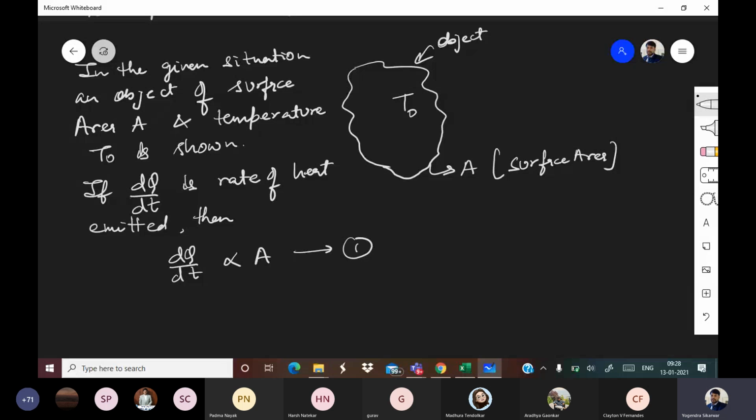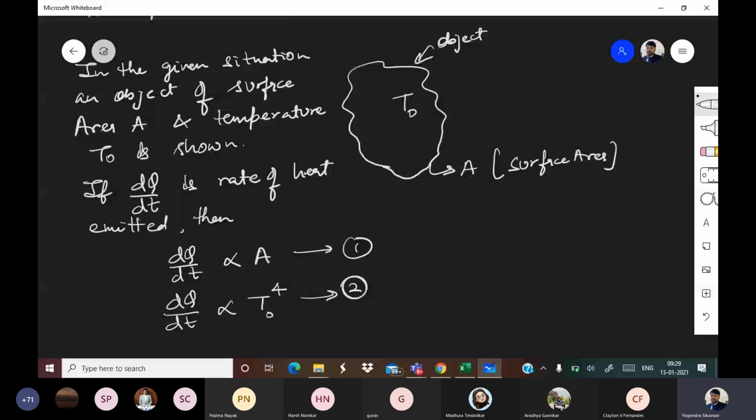Also, dq by dt is proportional to the fourth power of absolute temperature. This is very important. Which temperature is this? Absolute temperature. So dq by dt is proportional to T naught to the power 4.